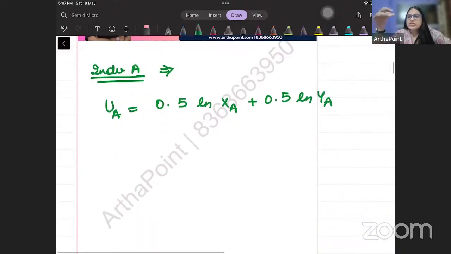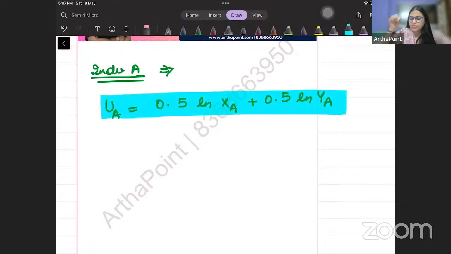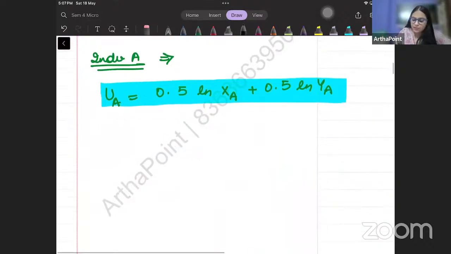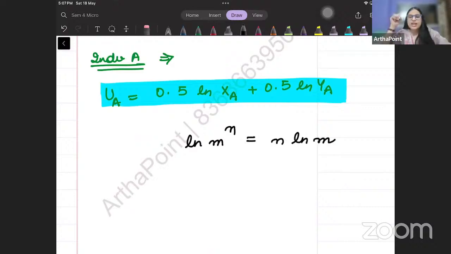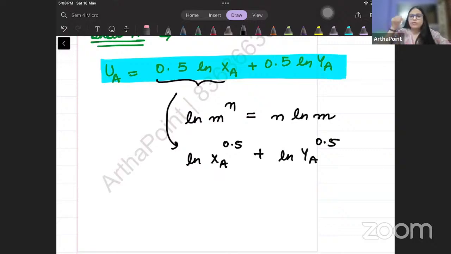In the earlier semester, earlier classes, you must have known by now that this log function, this utility function, is just a monotonic transformation of a Cobb-Douglas function. माने, if you remember, I have already taught you that ln m to the power n can be written as n ln m. ऐसे लिख सकते हैं. So this beta can be rewritten as ln XA to the power 0.5, and this can be written as ln YA to the power 0.5.